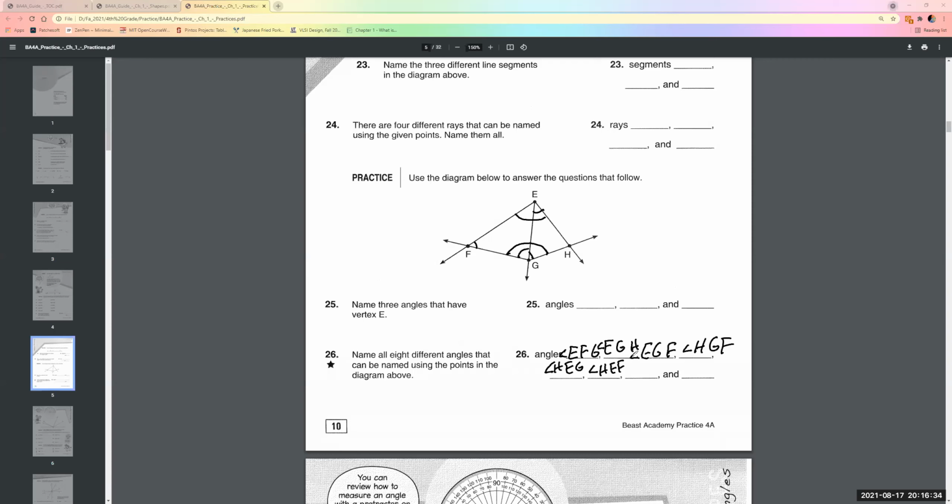Yeah, we haven't gotten that one yet, I think. GHE and then GFE. Yep, we already have GFE with EFG. Oh, really? This angle is already done. Yep, the last one that we haven't done is this one right here.